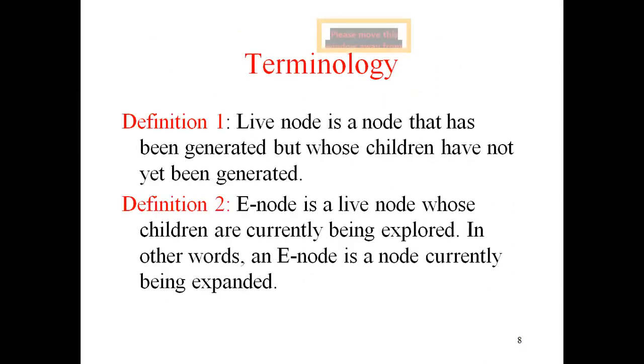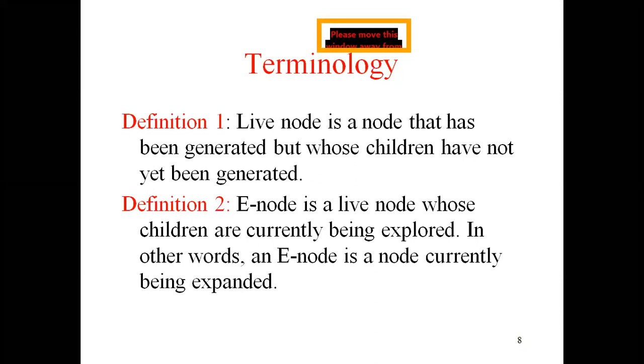Now see the terminology in our graph search strategies. Definition one, live node. A live node is a node that has been generated but whose children have not yet been generated.